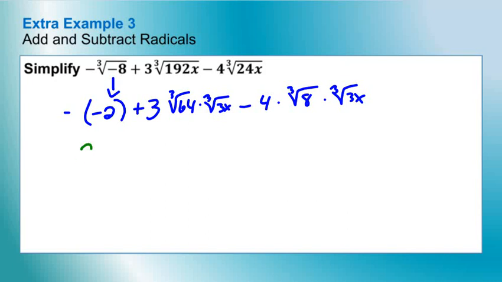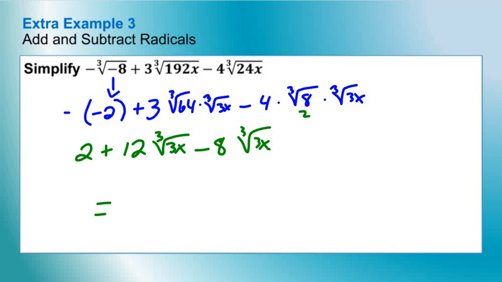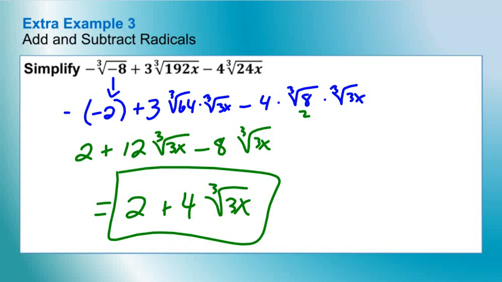Okay, so this will give us 2 plus, the cube root of 64 is 4, 4 times 3 is 12, cube root of 3x, minus the cube root of 8 is 2, negative 4 times 2 is negative 8, cube root of 3x. Simplify this: I have a couple of them with cube root of 3x. So I'm going to have 2 plus 4 cube root of 3x.